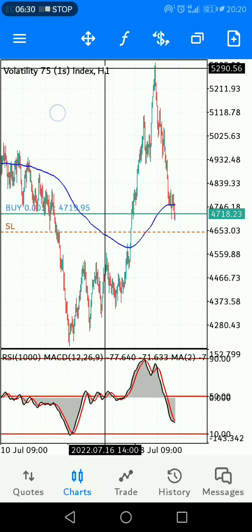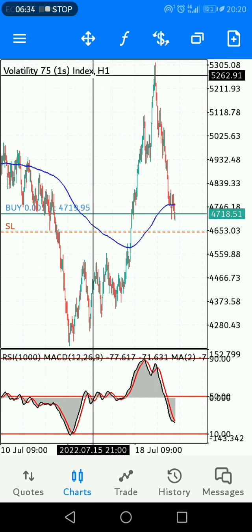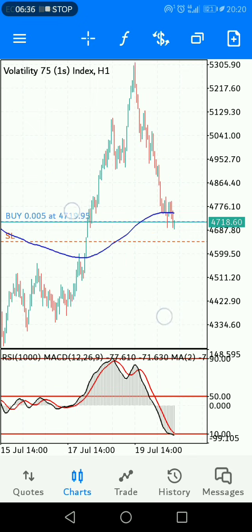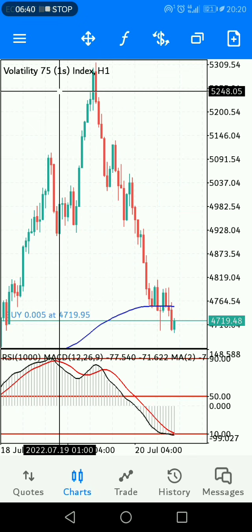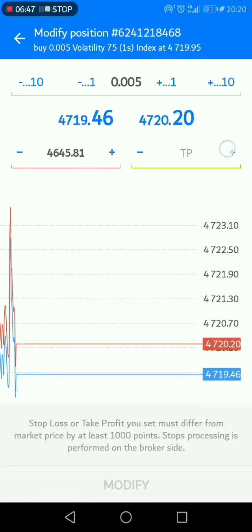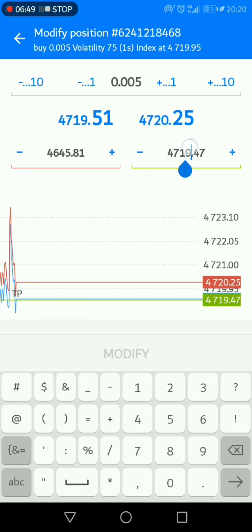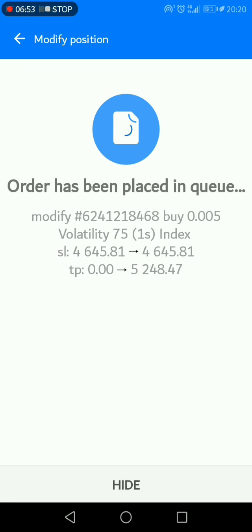I want to make as much money as I can if I get into a winning position. By the way, this is a 1 hour time frame, so if I get up to this point here, it will be a lot of pips. So I'm just going to say 52.48. So long press, modify, then go to take profit, write 52.48, and then click done.